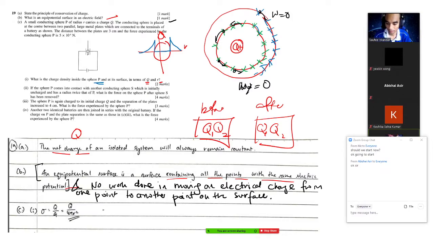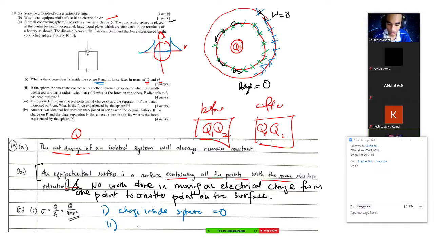So C1: charge inside the sphere equals 0. And number 2, at the surface, you use Gauss's law or the Gaussian surface.